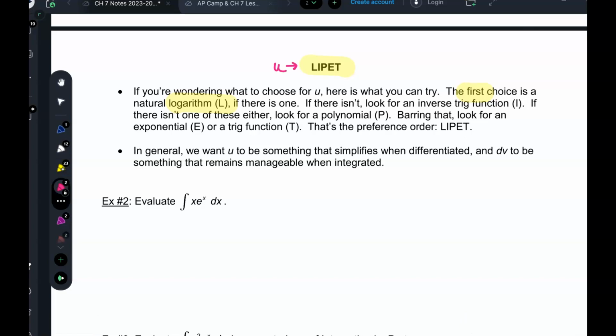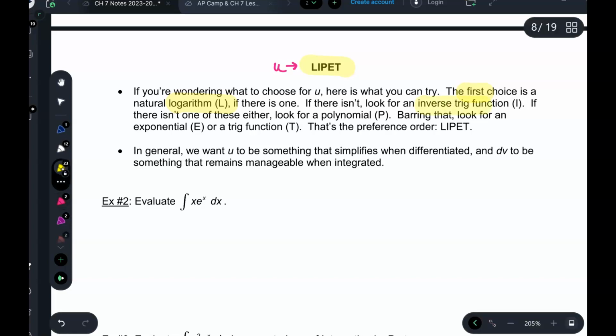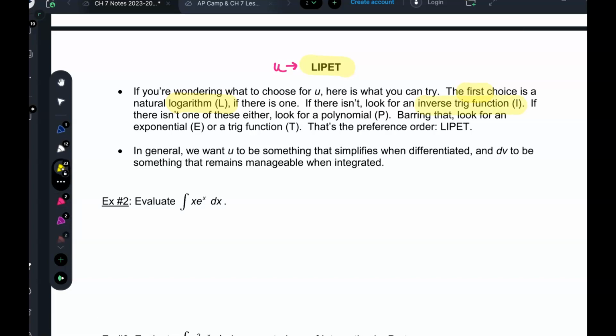If there is not a logarithm, then I stands for inverse trig function. If there isn't one of those either, then P is polynomial. And then E is for exponential. And lastly, a trig function. Those are the only ones that we'll have to encounter.